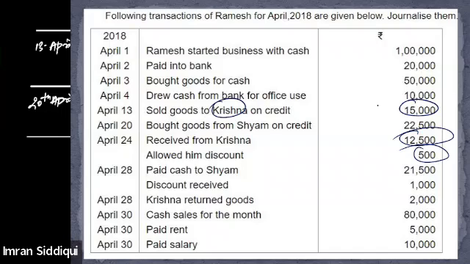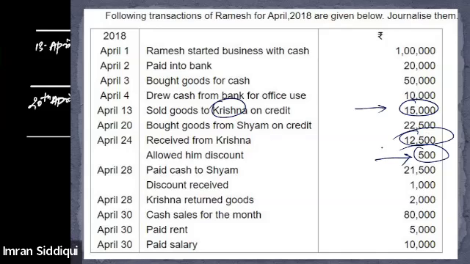But there is a technical error in this question. If we have sold goods to Krishna for rupees 15,000, then ideally, if we are giving a discount of 500, he should actually give at least 14,500 instead of 12,500.